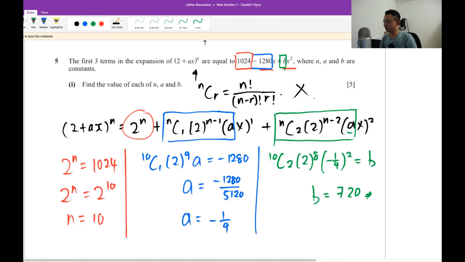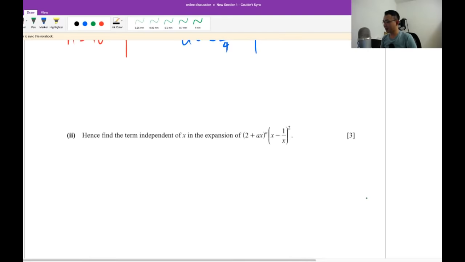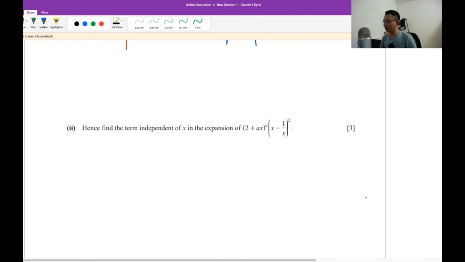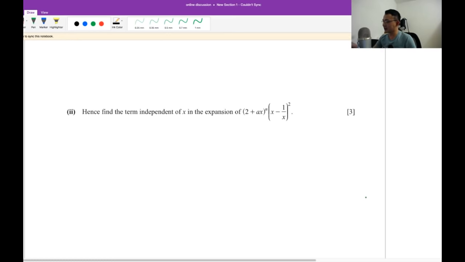Alright, so I hope you understand this question. It's not too hard. Hence, find the term independent of x for this one. So you want to find the independent of x. So first thing you have to understand is the meaning of independent of x. This one means constant, or without x.